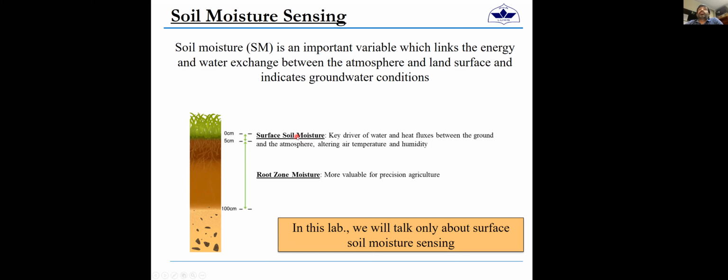But there are models which exist to relate this surface soil moisture to root zone moisture. These are very accurate mathematical models, which means if you know the surface soil moisture and some characteristics of the soil sample, then you can get the root zone moisture using those models.